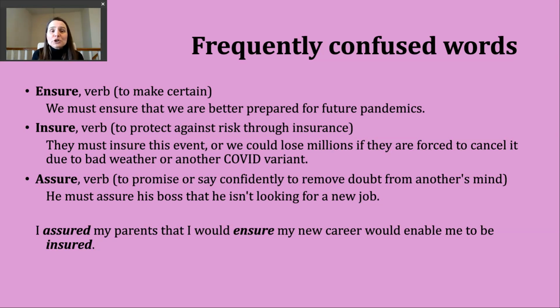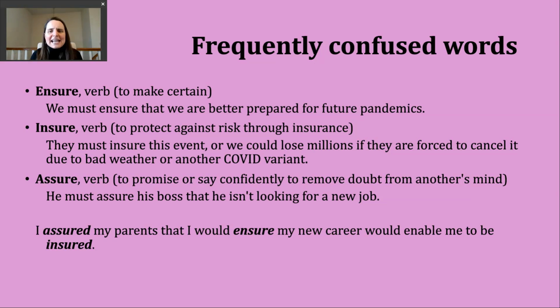So, ensure with an E, think about making certain, okay? Insure with an I, think about insurance. So this verb is all about protecting someone or something against risk by having an assurance. Okay? And then our third verb, assure, with an A, this is sort of like a promise, right?